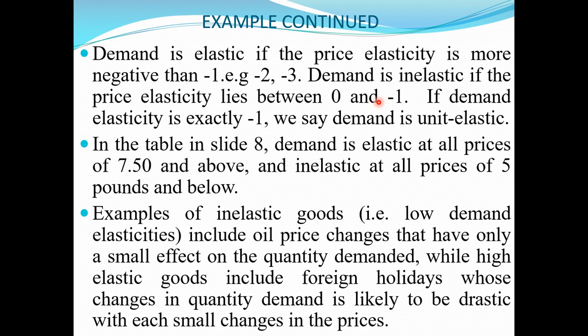So if there is that 1-to-1 type of impact, you increase price by 10%, quantity demanded also reduces by 10%, then in that case we say that demand is unit elastic or unitary elastic. Why is it unit? It's going 1 for 1. You increase price by 10%, quantity demanded reduces by 10%.